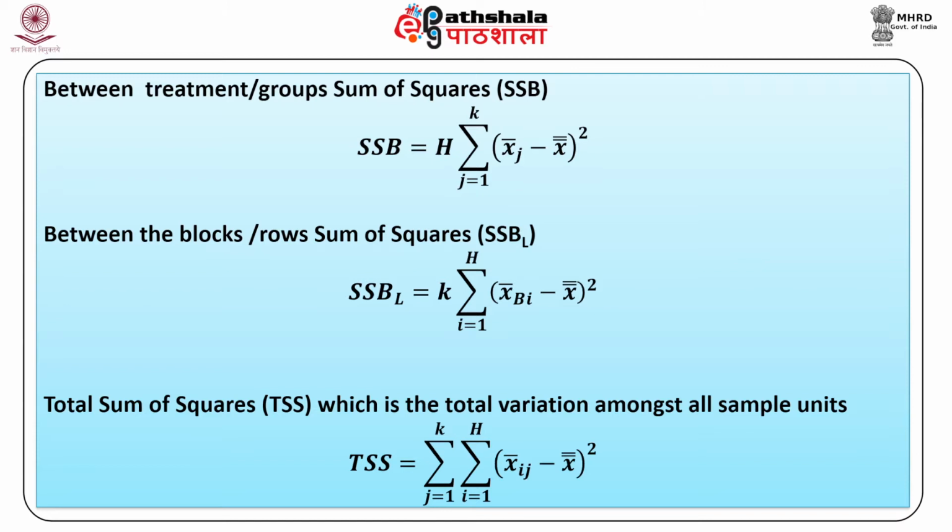So SSBL is equal to K into the summation of Xbi bar minus X double bar, whole square, and the summation is over I, which ranges from 1 to H.